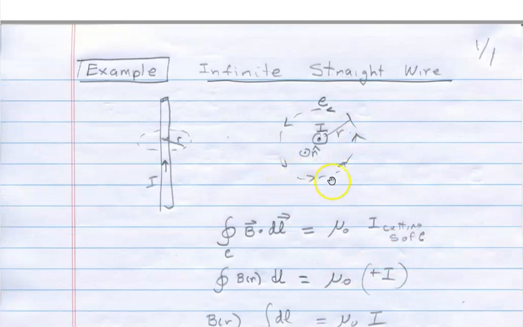But I'm on a closed curve at constant r, so B of r is constant all along this curve C, and so I can pull that outside.